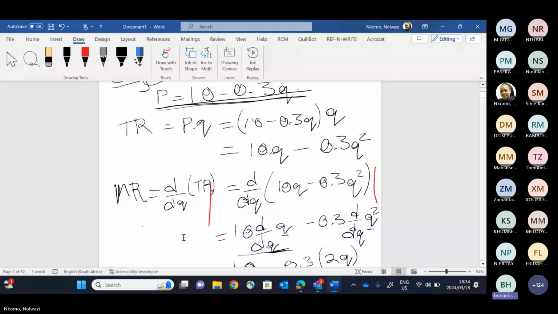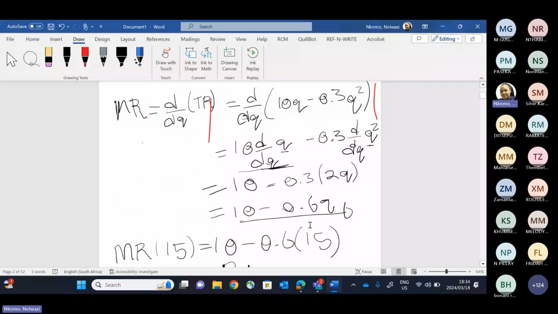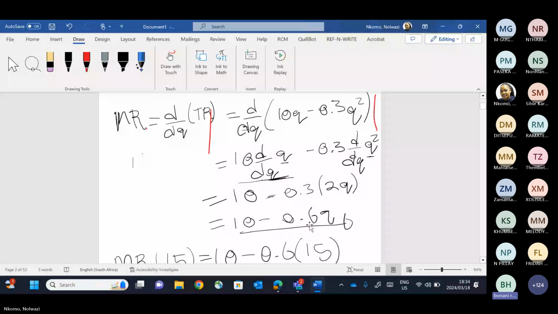I just want the answers right at the end, bottom of the page. You mean the marginal revenue for 15 units and the marginal revenue for 10 units? It's 1 rand and 4 rand.